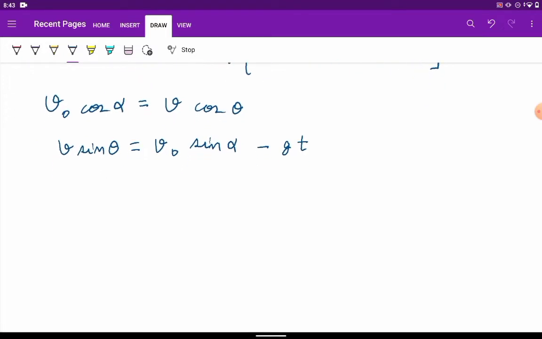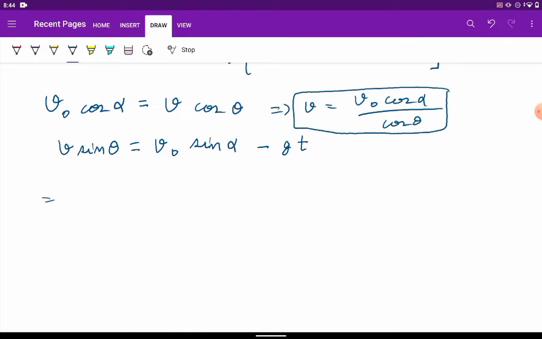Fine. Now we can do one thing: we can try to eliminate v because we need theta in terms of t. So from the first equation we have v equal to v naught cos alpha by cos theta.